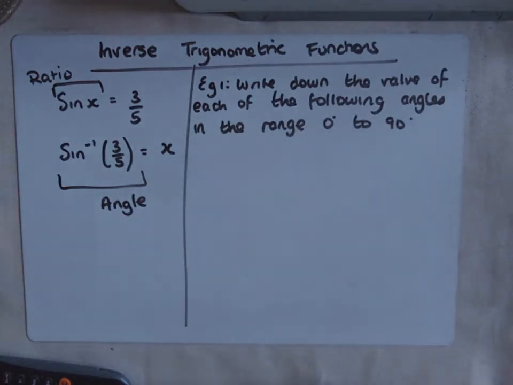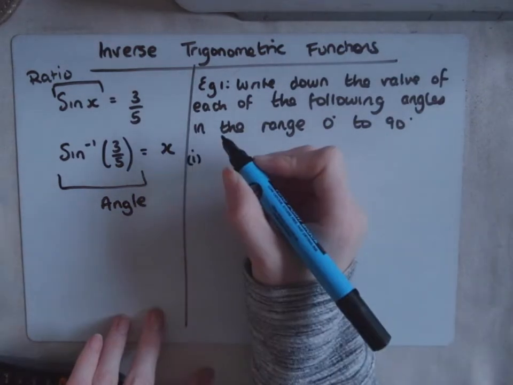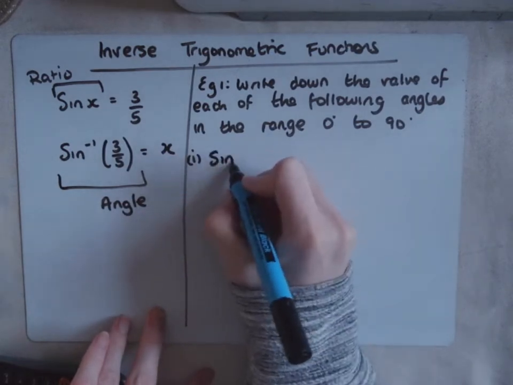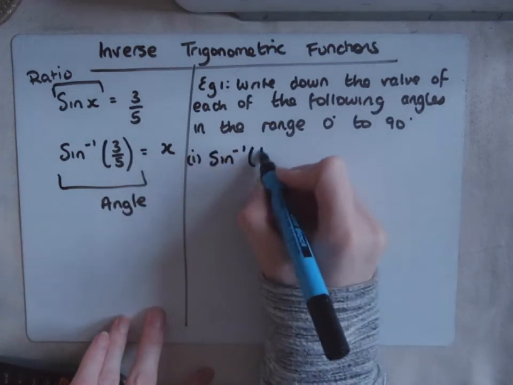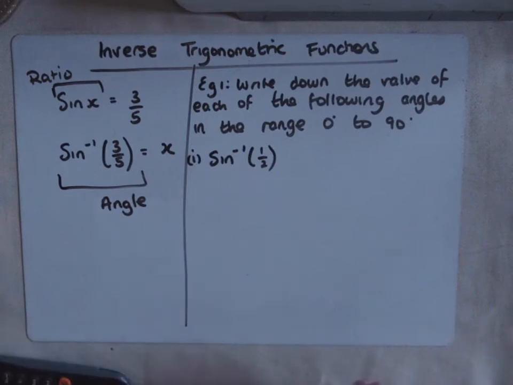Okay, write down the value of each of the following angles in the range 0 to 90. So sine minus 1 of a half.